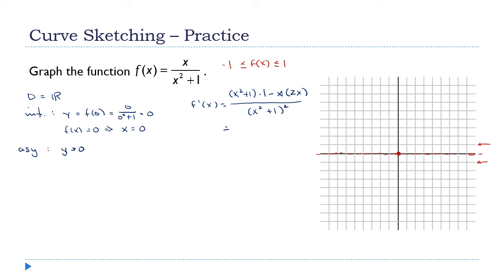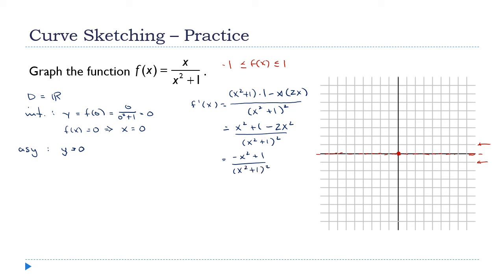All right, so what does this simplify to? This is x squared plus 1 minus 2x squared, all over (x squared plus 1) squared. So that numerator is minus x squared plus 1, over (x squared plus 1) squared.